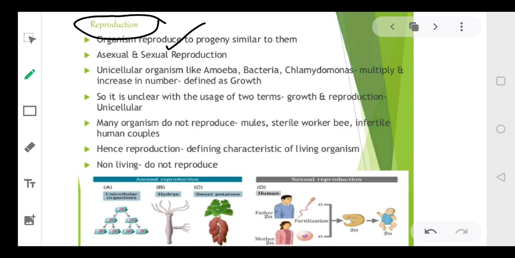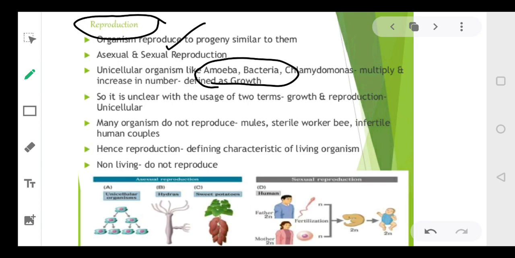Now, unicellular organisms like amoeba and bacteria multiply and increase in number, right? They are thought to be involved in an asexual process, because asexual means only one cell is involved, only one parent.